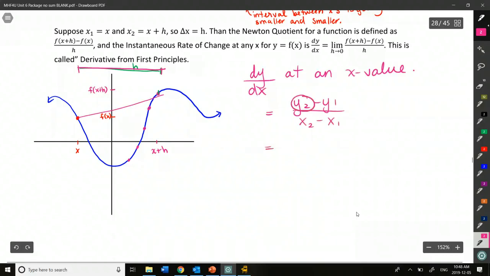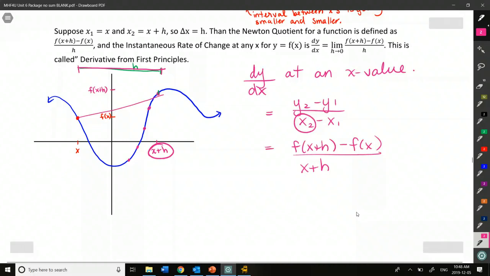And in our case, y2 is, let's say, f at x plus h. And our y1 is f at x, right? And in this case, that would mean our x2 is x plus h. And our x1 is x.